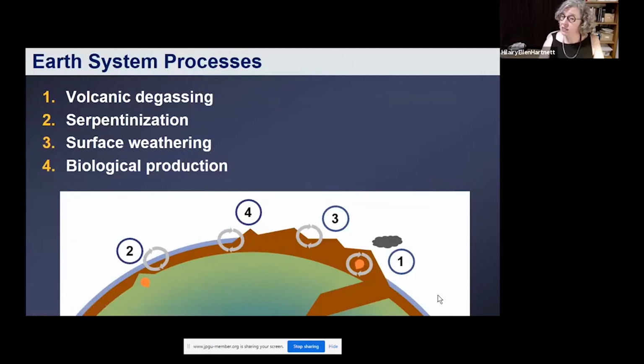Those processes could be biology, but they could be lots of geochemical and geological processes. Degassing from volcanoes, serpentinization, which is a water-rock reaction that produces hydrogen, surface weathering of sulfide minerals or other kinds of minerals that become oxidized, and again, biological production. So all of these are affecting the oxygen content of the atmosphere.